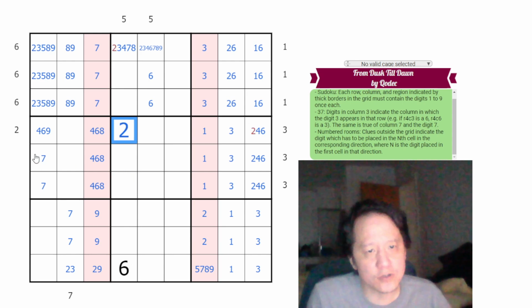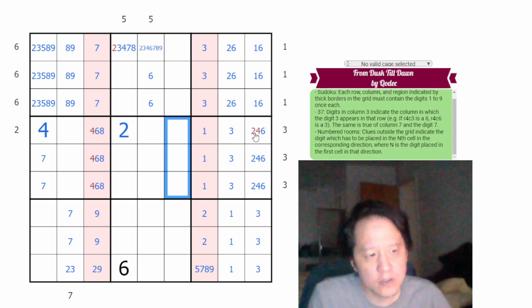If this is 2, this is 4, right? Other way around. If this is 4, this is 2. So this has to be 6 and 8. So we know the 3 is here. This has to be 6 and 8, which means this is 2 and 4.